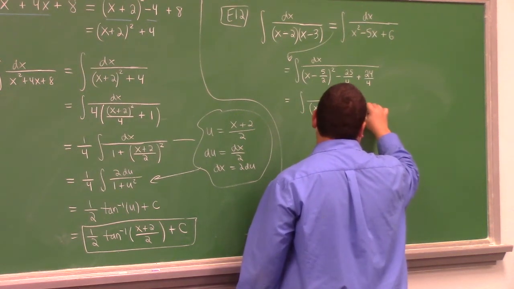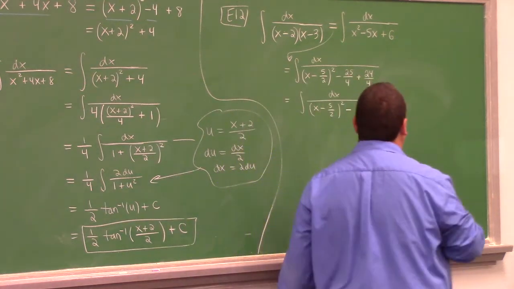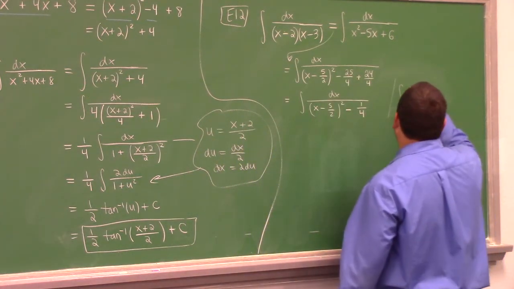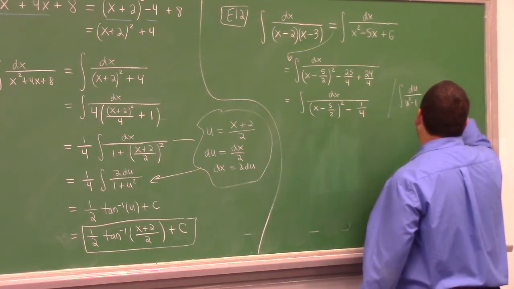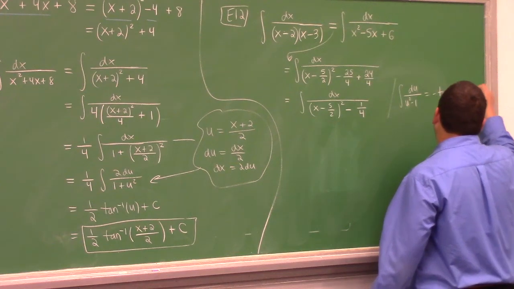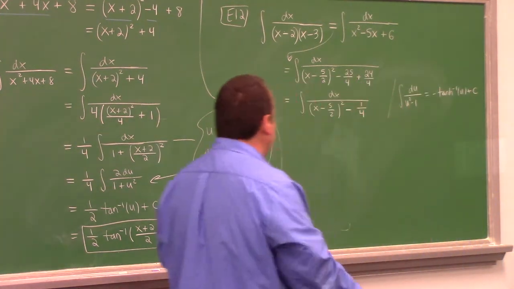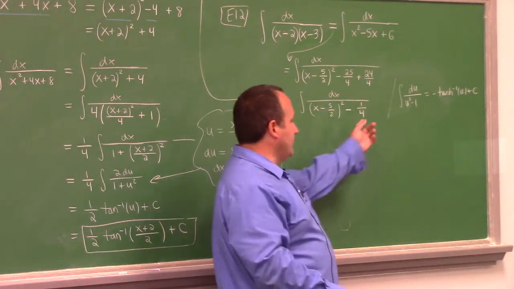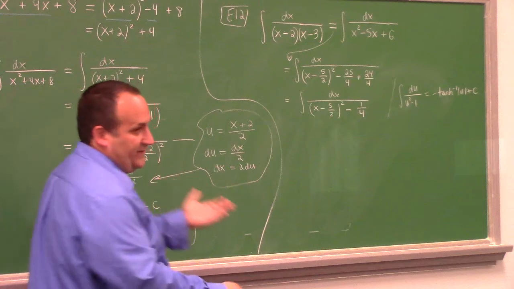Now, given the derivative I just worked out, we know how to do the integral of du over u squared minus 1. We know that that's minus the inverse hyperbolic tangent of u plus a constant, right? So the trouble here, of course, is I got this annoying fourth. So I do the same trick I did in the last example, which is I factor the fourth out.